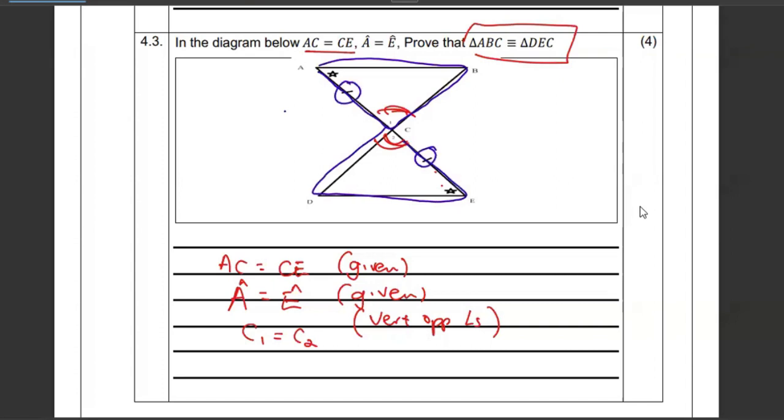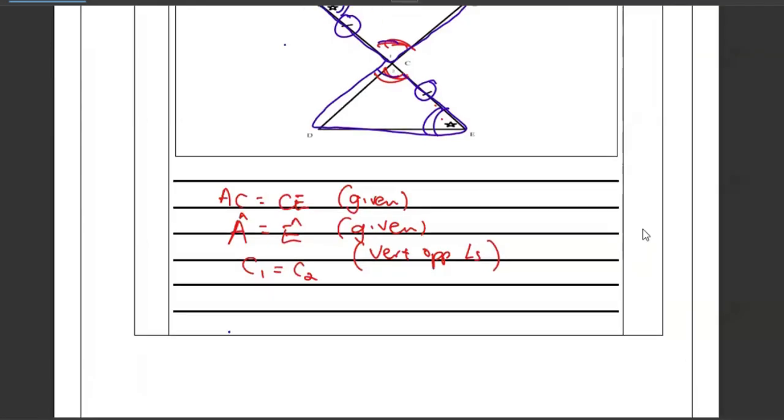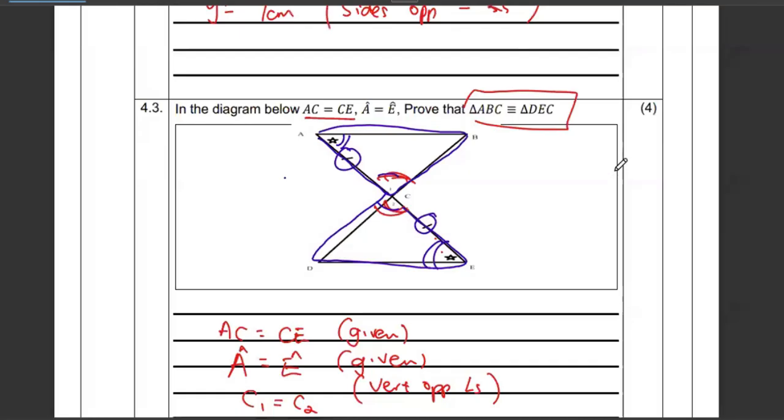This angle here goes with that angle, and then this goes with that. So we already have the three fundamentals that we need. Then draw the conclusion and say, therefore, our ABC is congruent to DCE. Reason, we used a side, and then we used an angle, and then we used an angle. So that is how we would prove that.